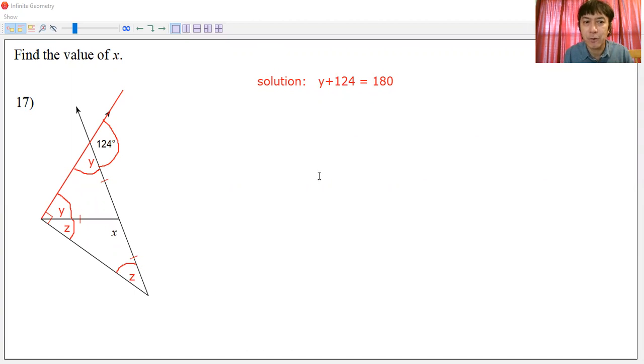And so once we have angle y, we get angle z, and when we know our z, we will get the x. So we will have to solve this in sequence. Angle x here is actually an apex angle.